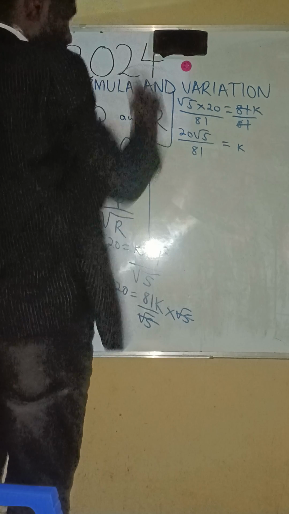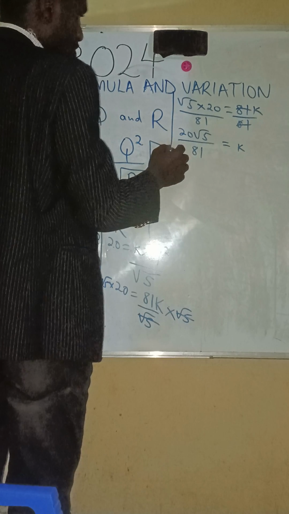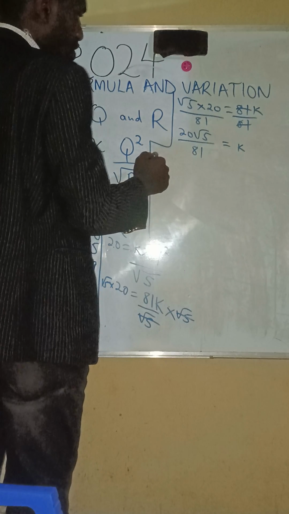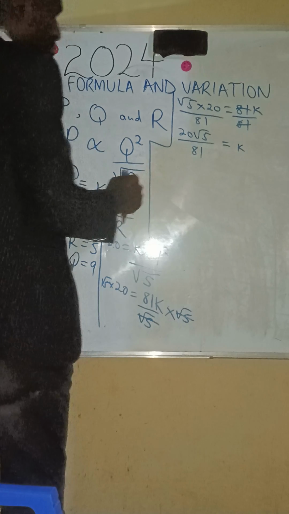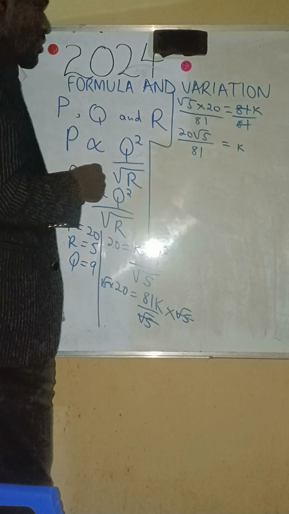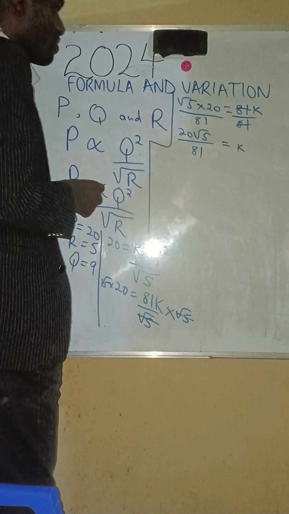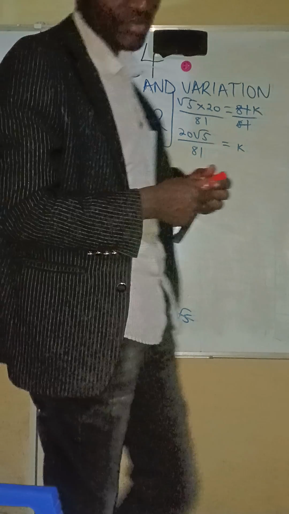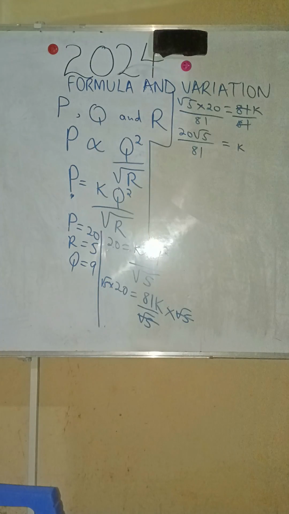Wow, so that translates into what? We need to get the square root of 5 and then work out the answer. Let me get a calculator.